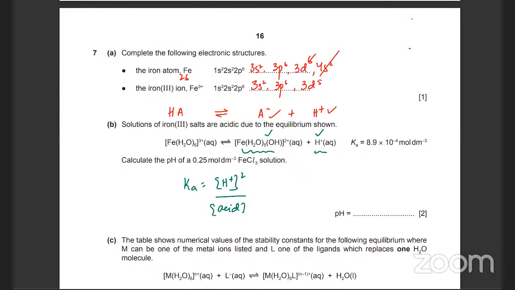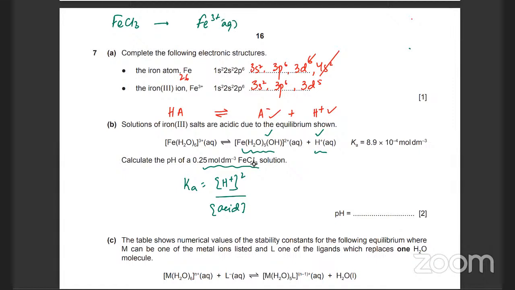Now in this case, he's already given you the concentration of FeCl3. Remember over here you have Fe3 plus with 6 water molecules. That is basically FeCl3, because when you dissolve FeCl3, the same amount of Fe3 plus ions are produced, and the same amount of complex ions would be formed. FeCl3 dissolves and dissociates because it's soluble.